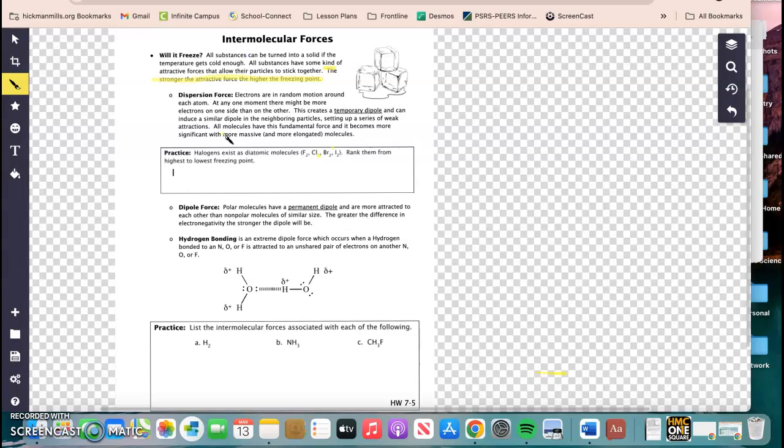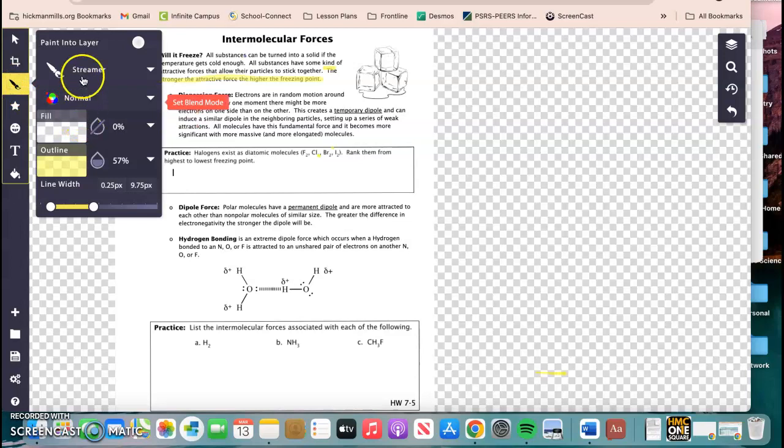With dispersion forces, electrons are moving around the individual atoms within a molecule, and they are moving in such random motion that sometimes those electrons may be on one side of the atom versus another. This creates a temporary dipole.